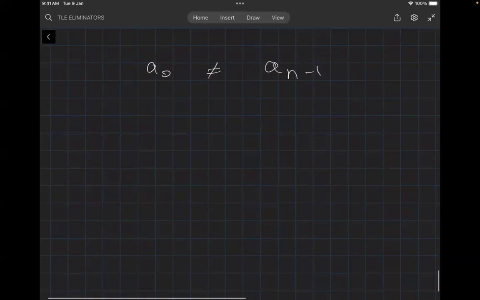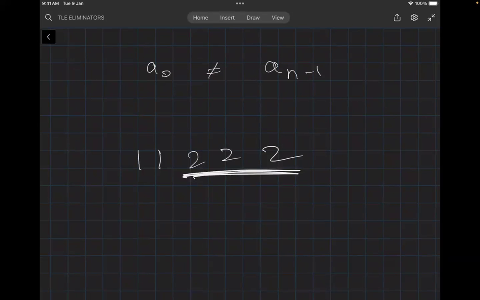Okay. So if you guys agree with this much, now what if A0 is not equal to An-1? It means that we'll have to decide. For example, 1, 1, 2, 2, 2. This is the array. So in the suffix, I have 3 elements. In the prefix, I have 2 elements that are equal. Now, let's say this is x, this is y. Currently, it's 2 and 3.